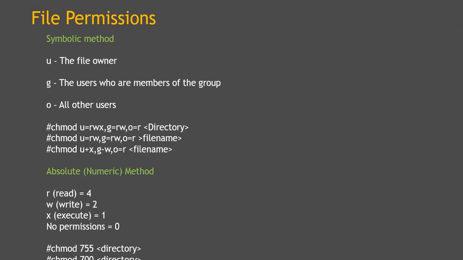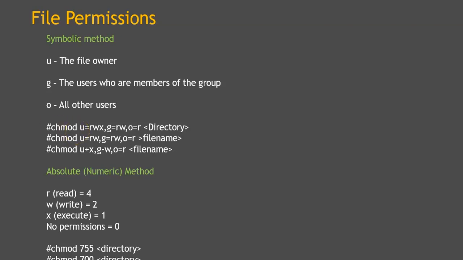When you give u equal to, whatever existing permissions are there will be erased and the new permissions you give with this command will be applied. If you give u plus and the permissions, then it will append the permission. The existing permissions will not be erased, and this permission will be added to them.